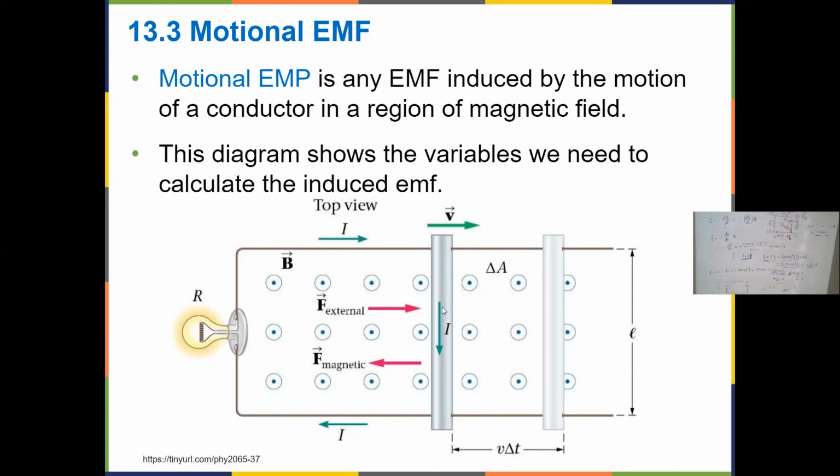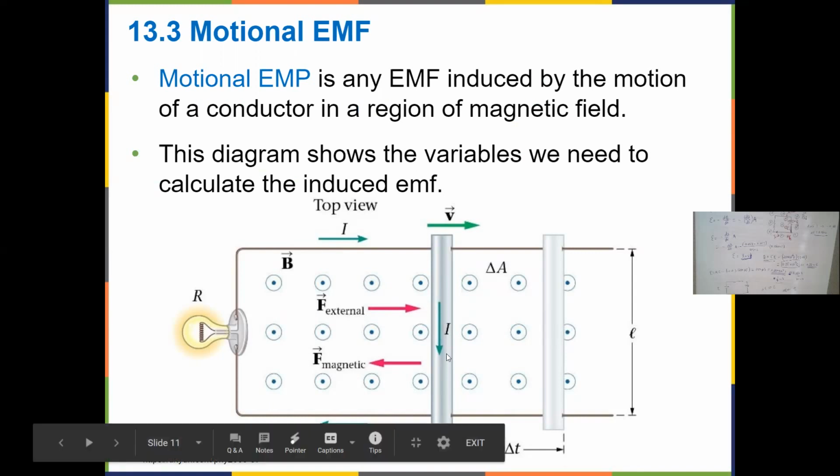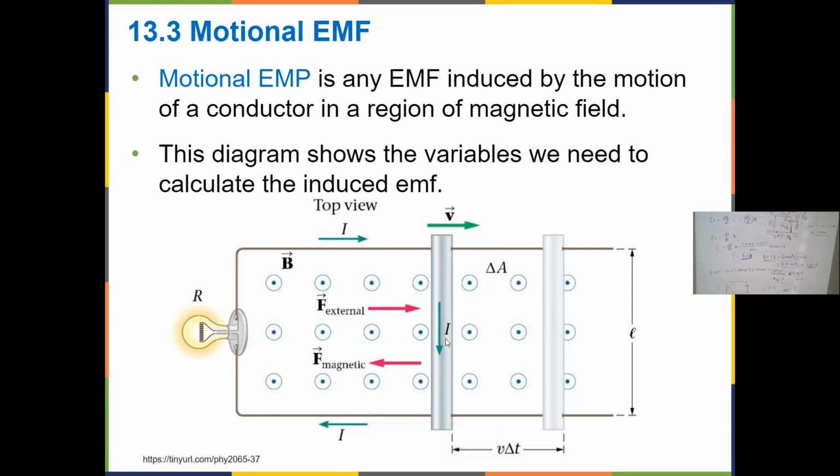Now, if you make the rod move in this direction, actually either direction, you can have an induced EMF or induced current inside the rod. That's called induced EMF, or motional EMF.